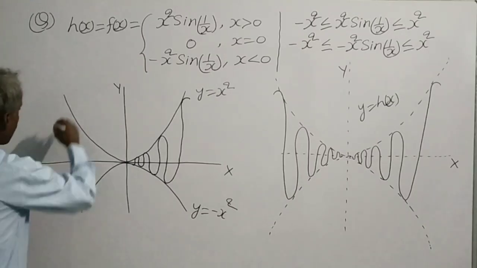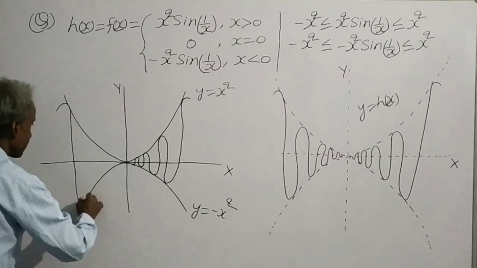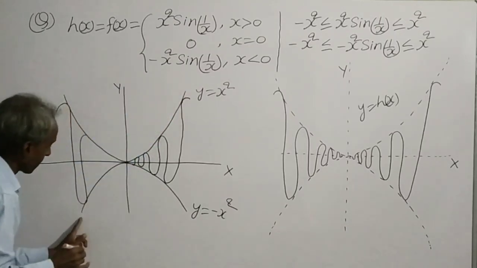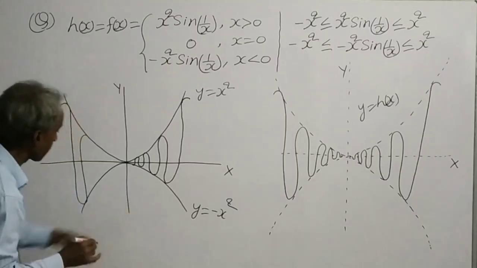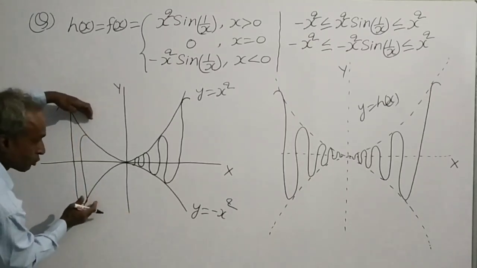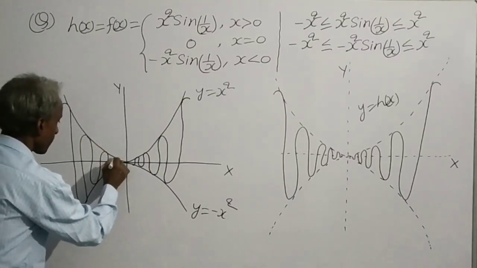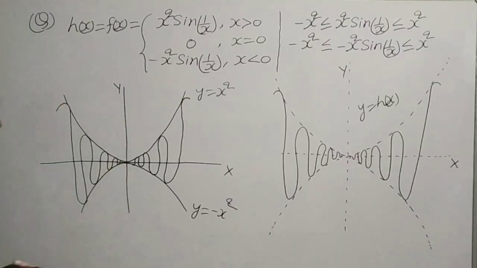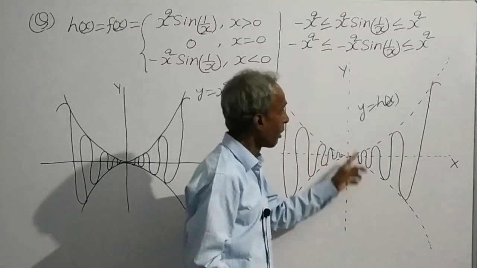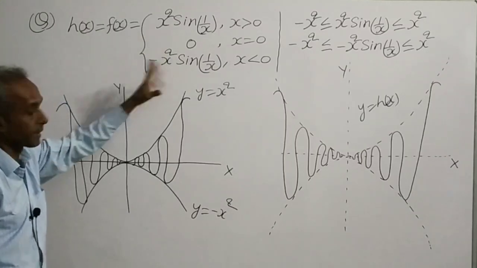Similarly, on the left hand side, the graph will be like this, sometimes touching this curve and sometimes touching this curve, but always remaining between these two curves, like this. This is the graph of y is equal to hx.